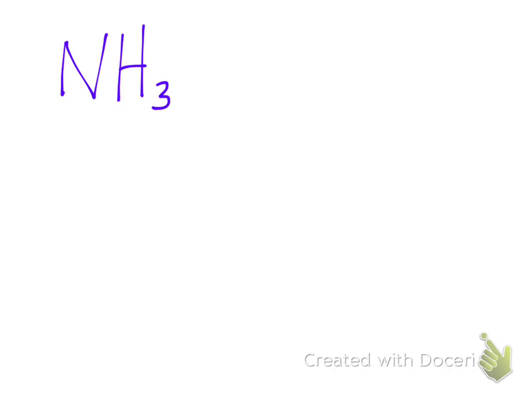Yeah, there we go. Nitrogen trihydride. Perfect. Nice job. If it was NH3 plus 1, then it's ammonia. First step. What is our first step? Find the valence electrons. Nitrogen, from the periodic table, we know it has 5.